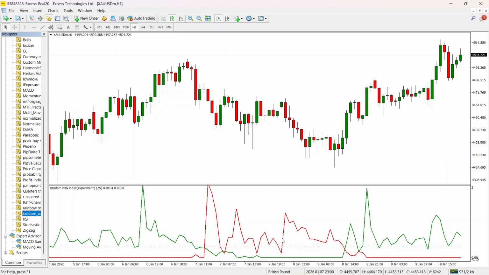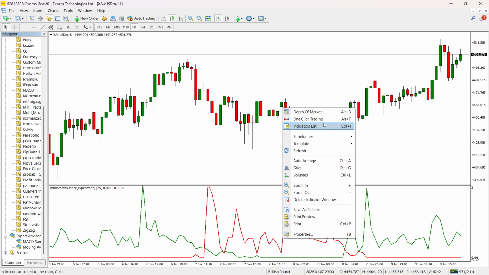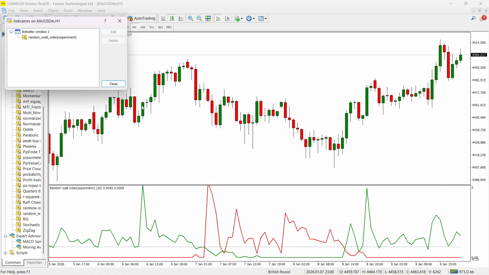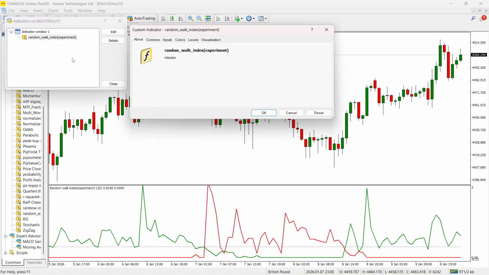The primary setting is the look back period, which determines how many bars are used in calculating the maximum price ranges and the average true range components. The formulas for RWI high and RWI low use the highest and lowest price over the period divided by the ATR (average true range) multiplied by the square root of the period.